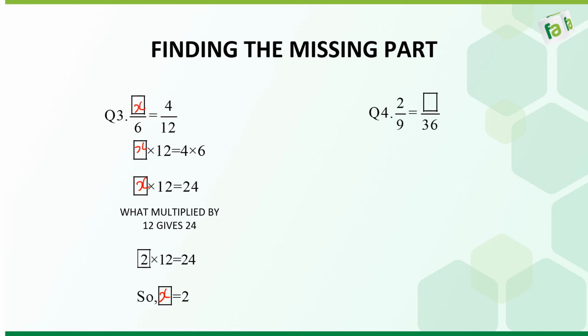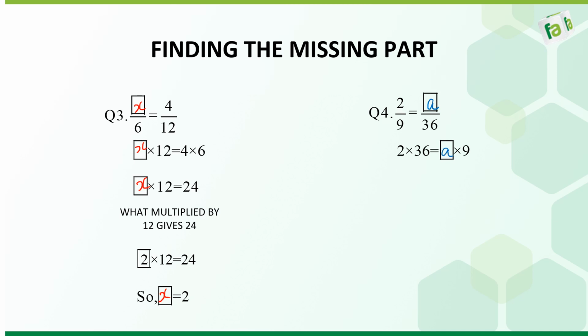Next question is, 2 by 9 is equal to missing part by 36. Let's take this missing part as a. By cross multiplication, we can write it as 2 into 36, which is equal to a into 9.